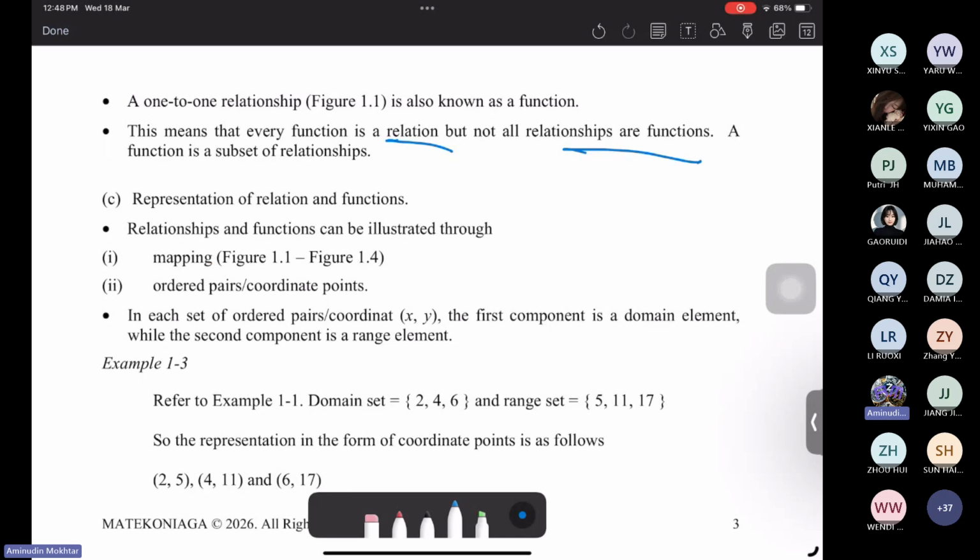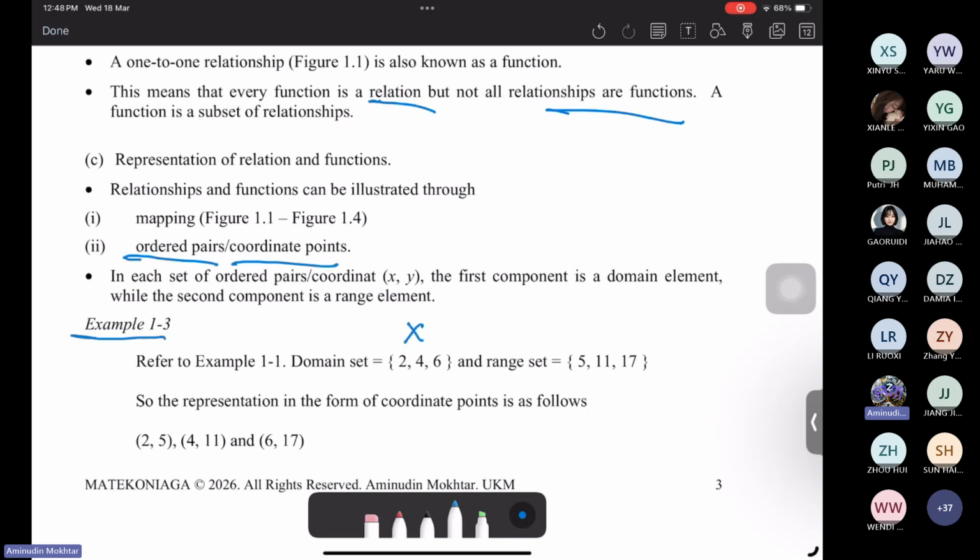The domain and range can also be presented by mapping figures, and also by ordered pairs or coordinate points. Let's look at example 1.3. We have these three domain values, this for x, this for y. Again, we refer back to example 1.1.